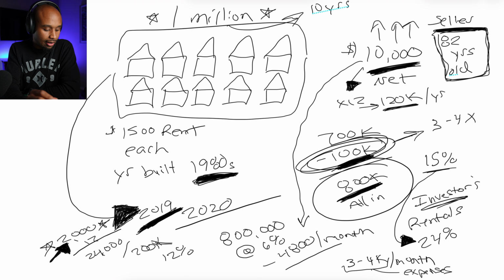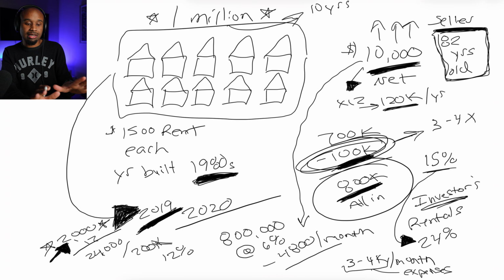You'll get, hopefully it appreciates more than that, because that's just keeping up with inflation. But let's say it goes up about 5%. So if it goes up in equity 5% per year, because this portfolio is doing that, it's going up probably 5% in equity every year.